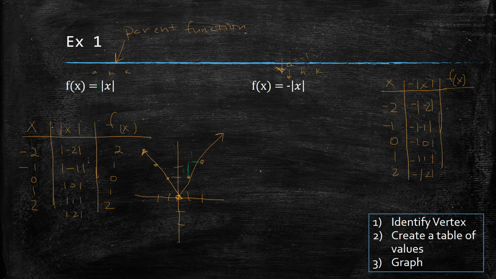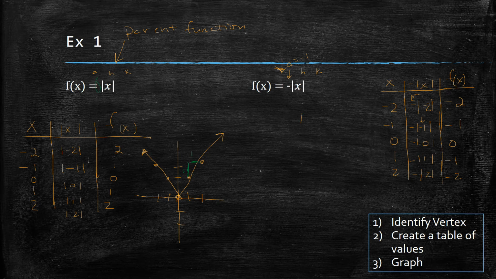The absolute value of -2 is +2, but when you multiply that by that -1 there, you're left with the -2. The same thing here, absolute value of -1 is +1 times the negative is -1, 0 times any number is 0, +1 times the negative is -1, and then -2 here.